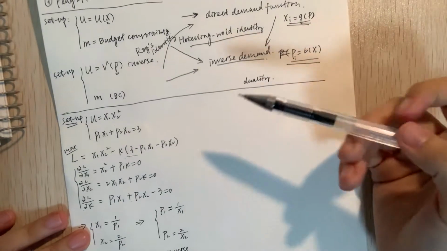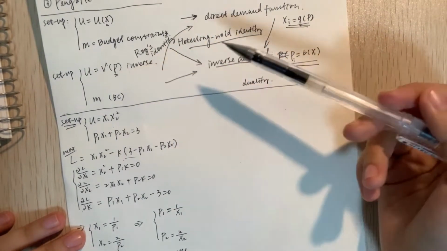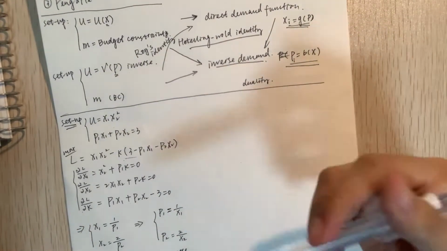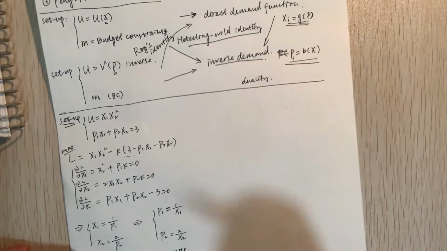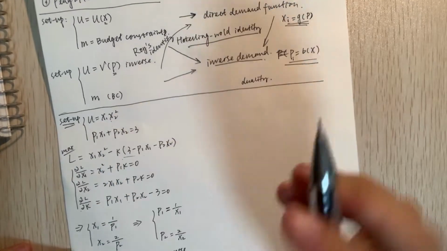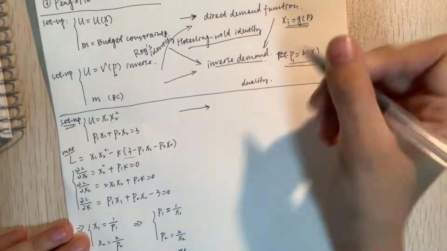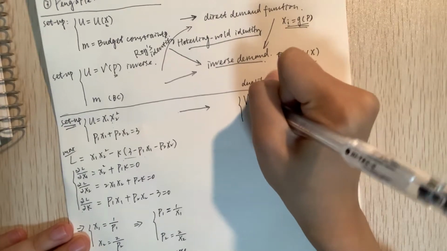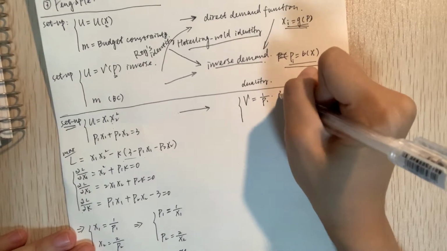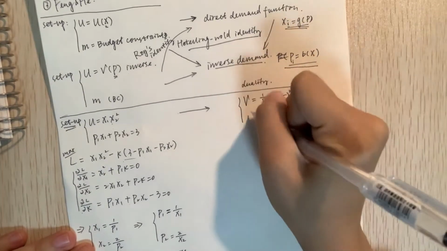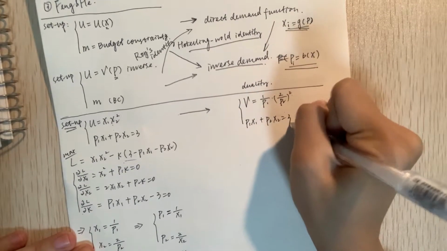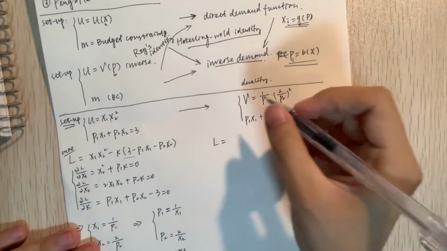Or we can also solve it by using the inverse utility function. The way we get the inverse utility function is by substituting this back into the original utility function. Now we have a new setup, and I put a v here. The budget constraint remains unchanged. Again, solve the optimization problem.